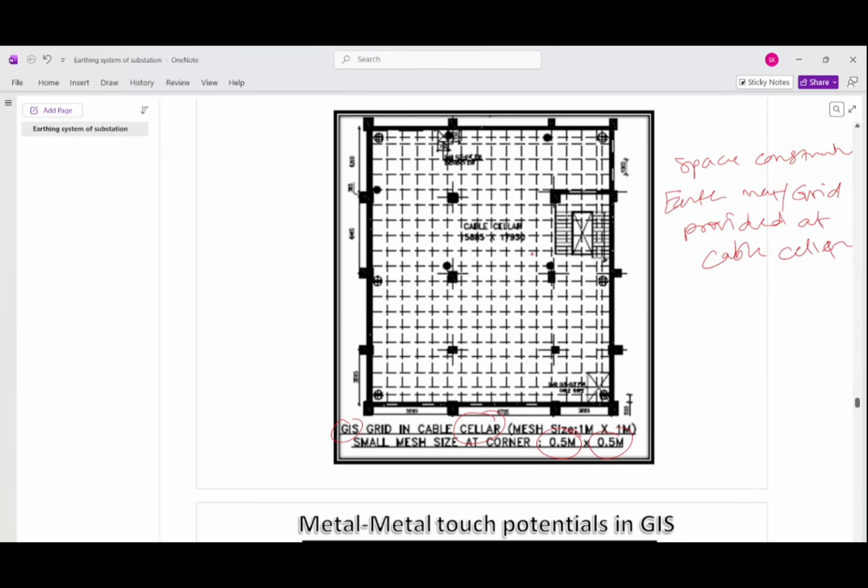In that building only you can provide an earth grid, and some other earth mat at the transformer station. The other earth mat is at the transformer substation outdoor. So the two grids are provided.